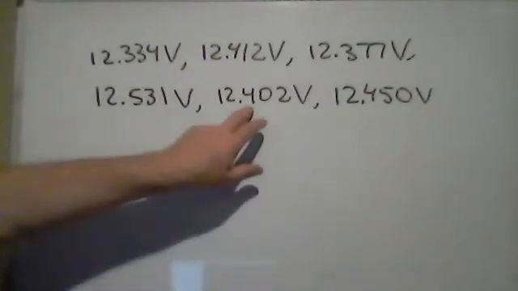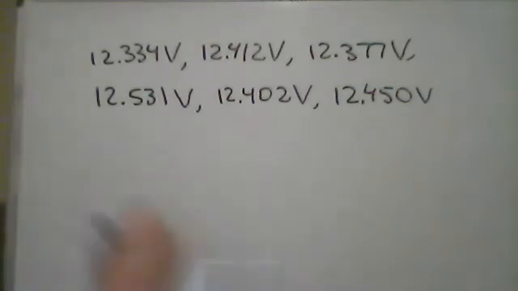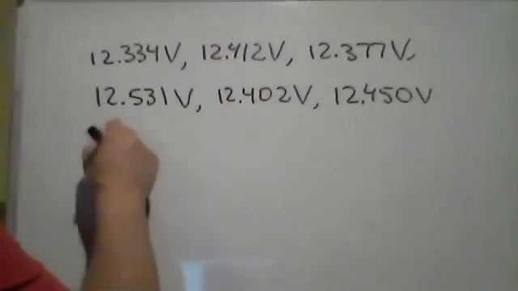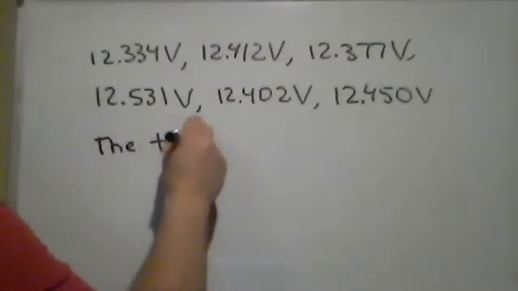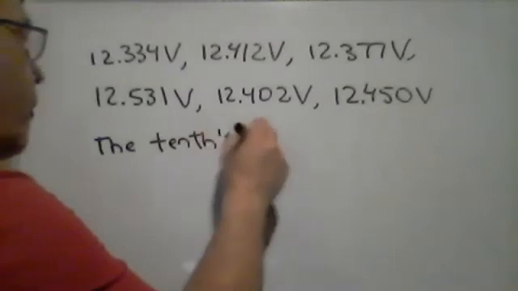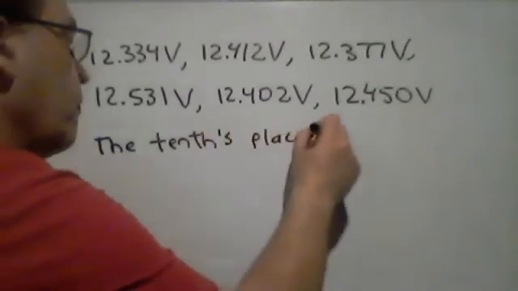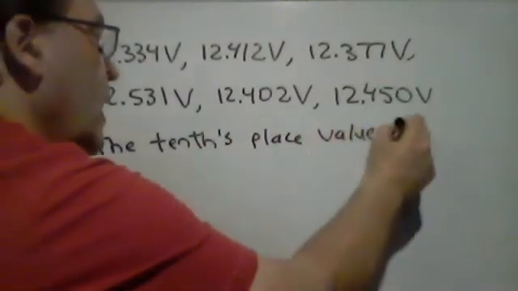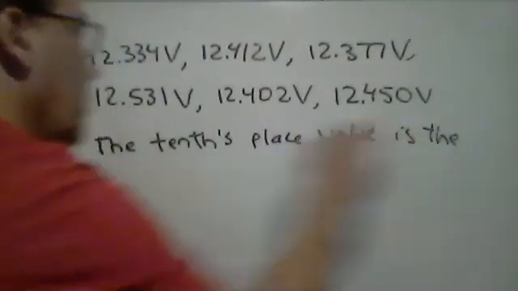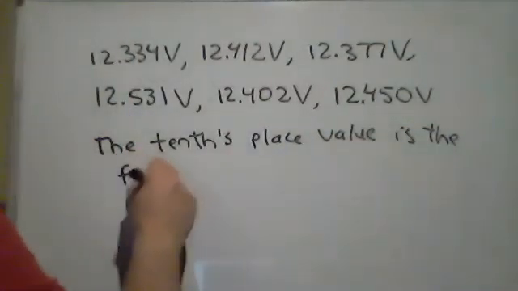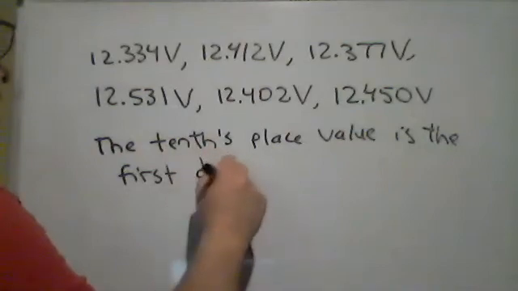This is my first uncertain value. So the tenths place value is the first digit of uncertainty.